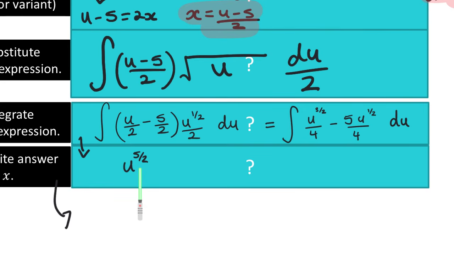That's a tenth. Okay, brilliant. And then increase the power by 1: 3 over 2. Divide by the new power, so we get negative 5 over 8 divided by 3 over 2.